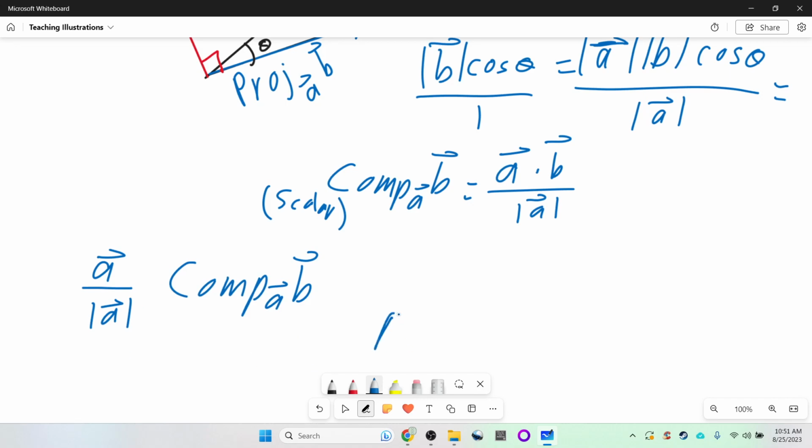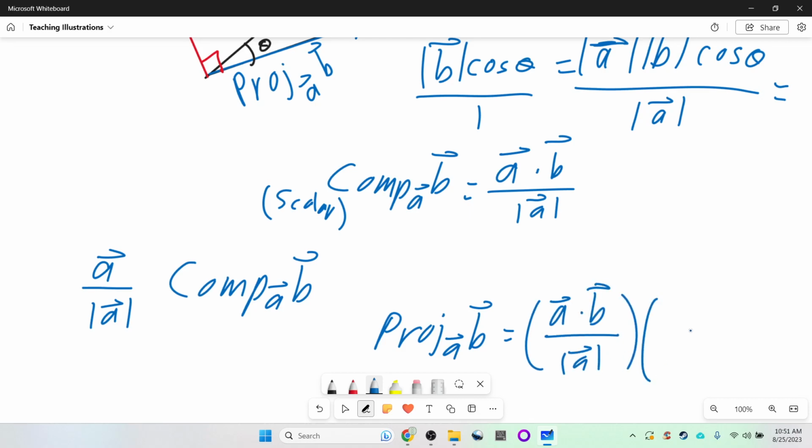So the projection vector of B onto A would be A dot B over length of A times A over length of A.